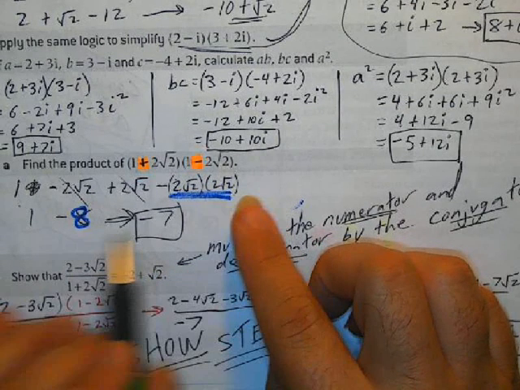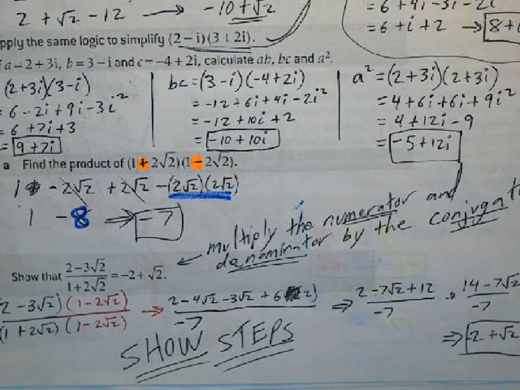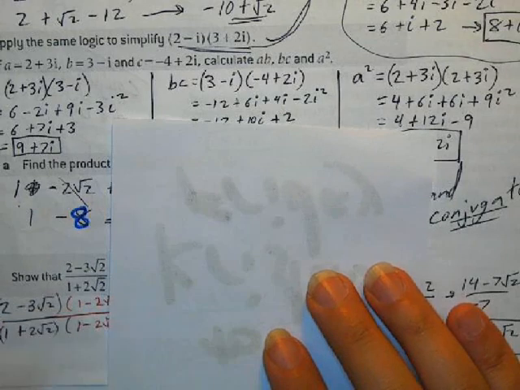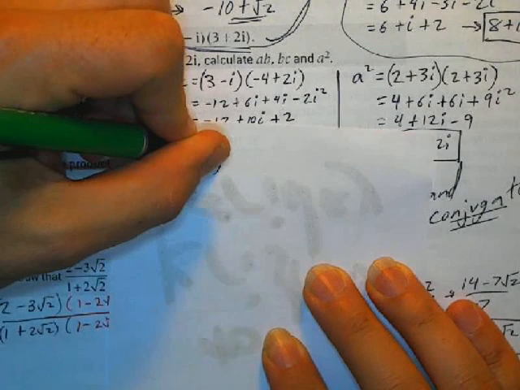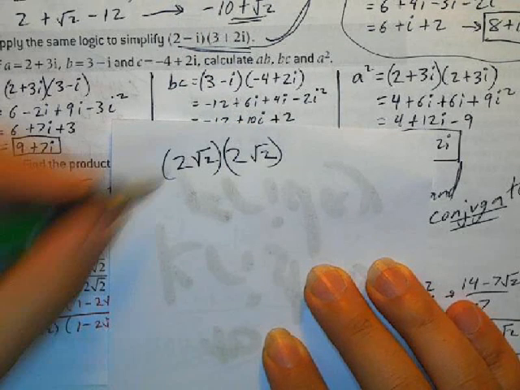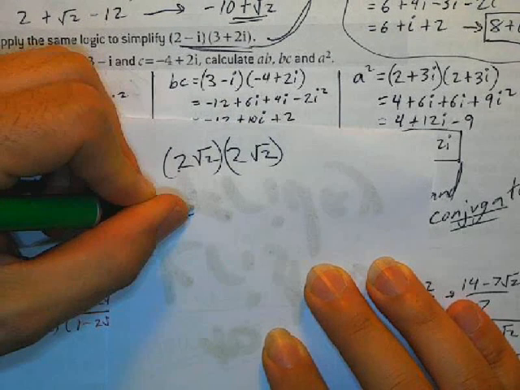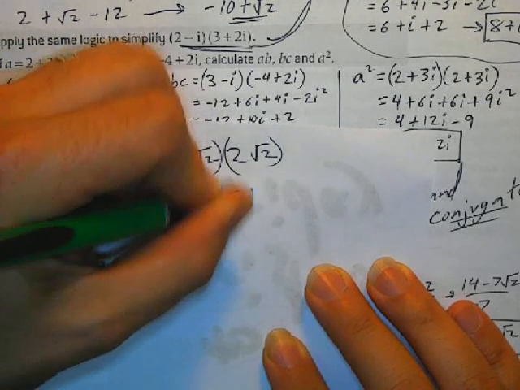You know, somebody asked me to do this in class, so I'm going to do it. 2 radical 2 times 2 radical 2. What does that mean? This is the same thing as 2 times 2 times radical 2 times radical 2, right?